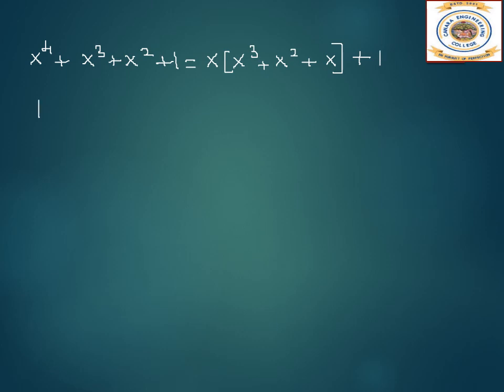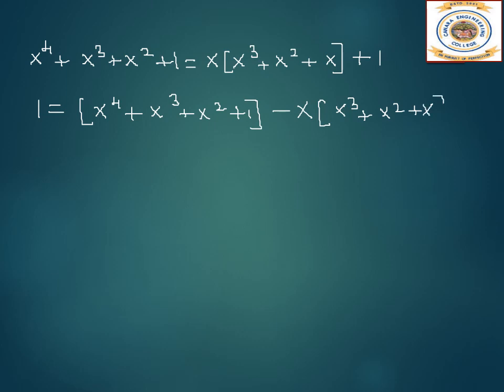So this 1 is equal to x to the power 4 plus x cube plus x square plus 1 minus x into x cube plus x square plus x. Now here we know that x to the power 4 plus x cube plus x square plus 1, this is the remainder, okay, for R1. So what is this equal to?